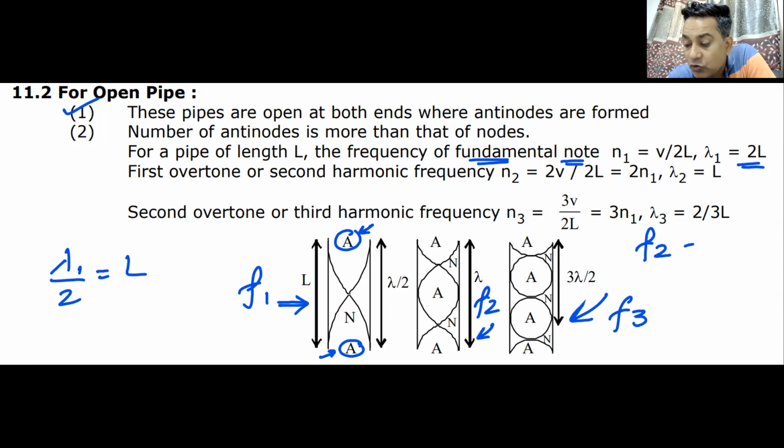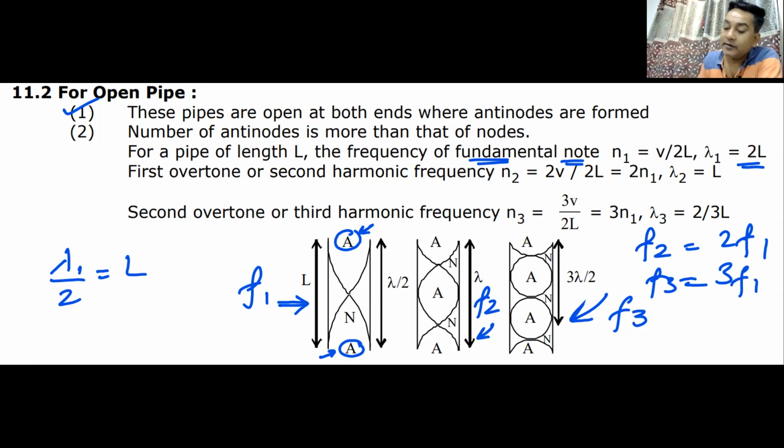Remember, F2 will be 2 times F1, F3 will be 3 times F1, F4 will be 4 times F1, and so on. For open pipes, we have all harmonics, but for a closed pipe, we only have odd harmonics. Do we remember this? Yes, sir. Please note it down, and then we will move on to some questions and answers.